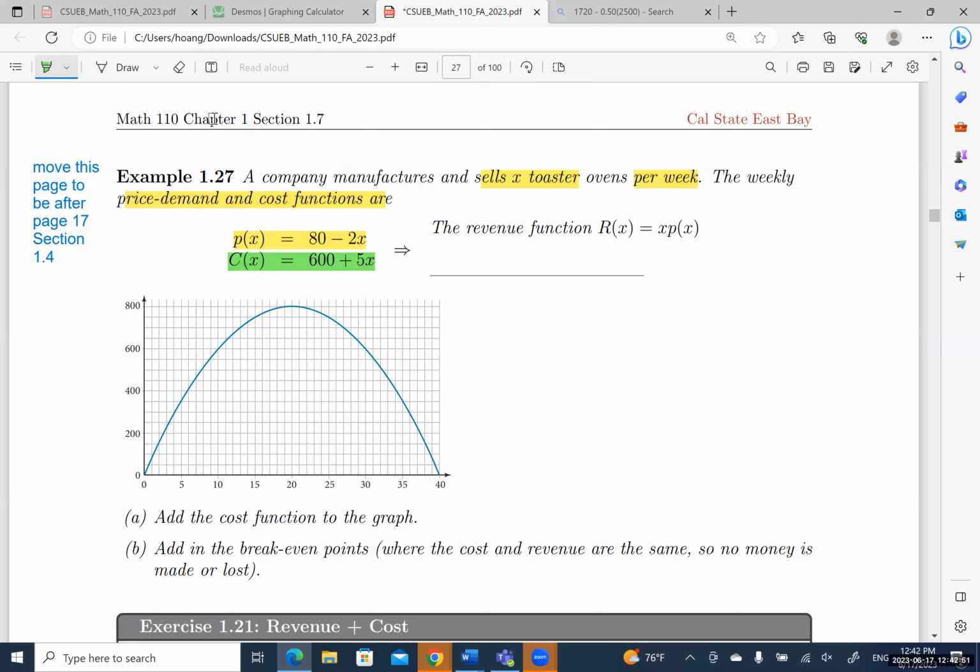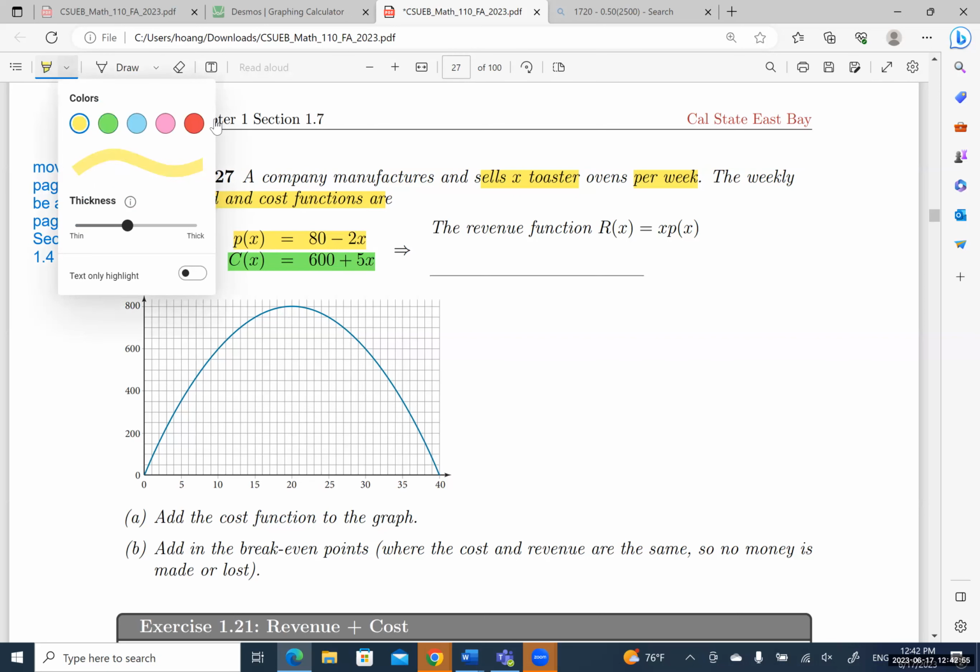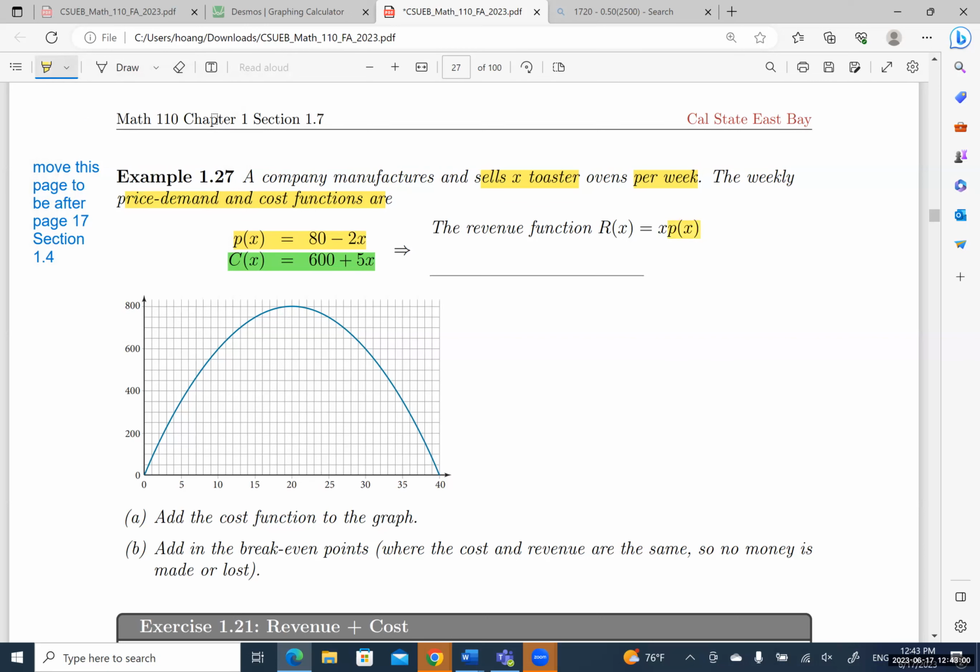So keep in mind that the revenue function can be written as demand times price, right?